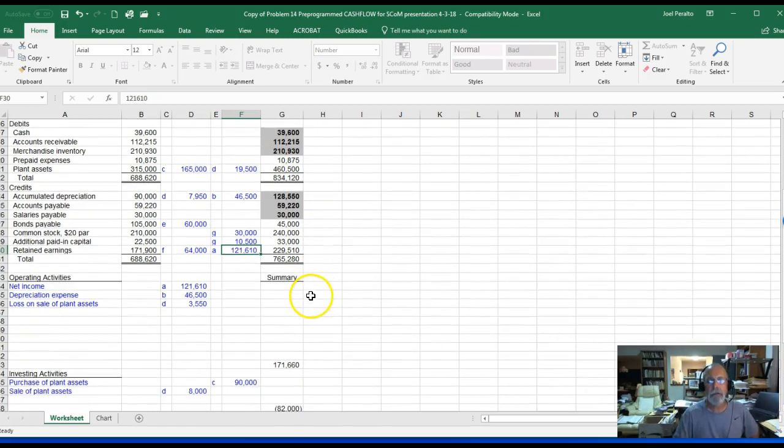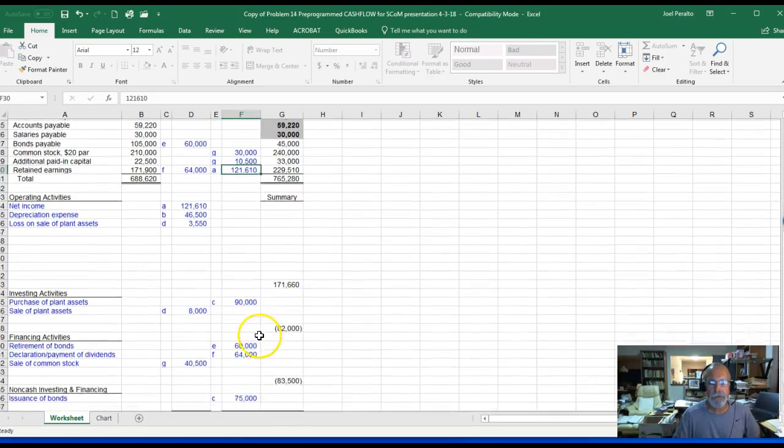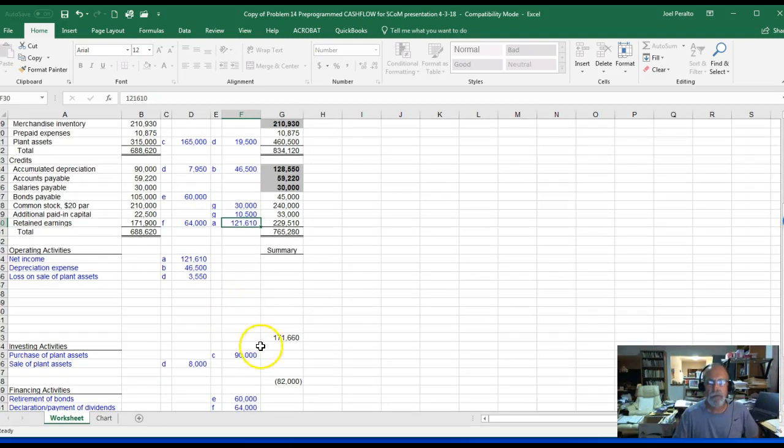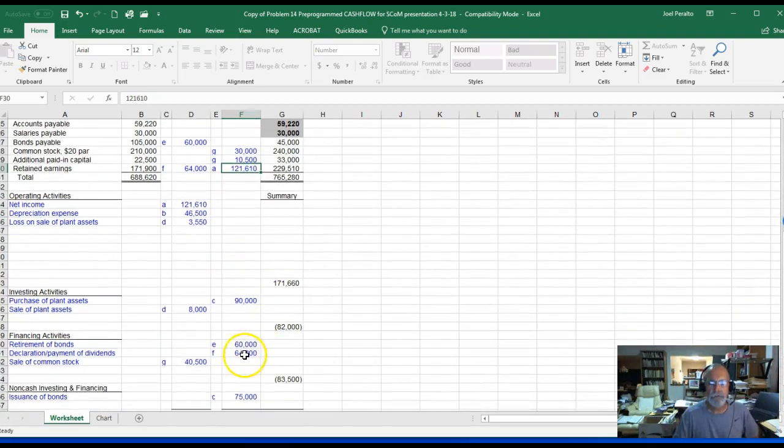Okay, now one item that's a concept that's a little difficult to understand, maybe, is when we show this non-cash classification on this transaction, we need to also show this up above in the respective account that is affected, and that account is bonds payable.